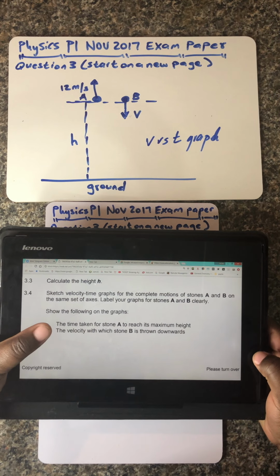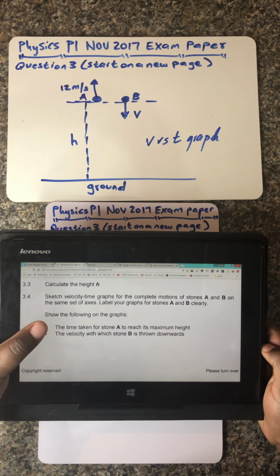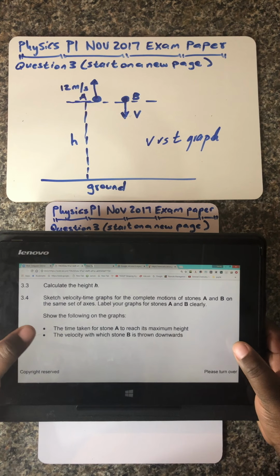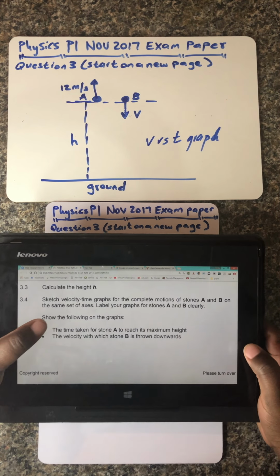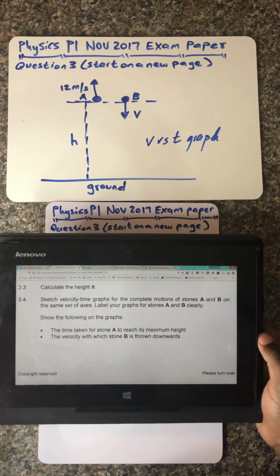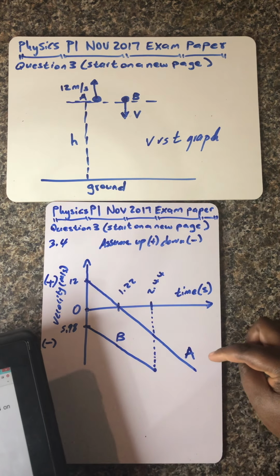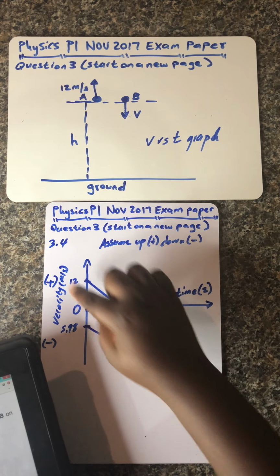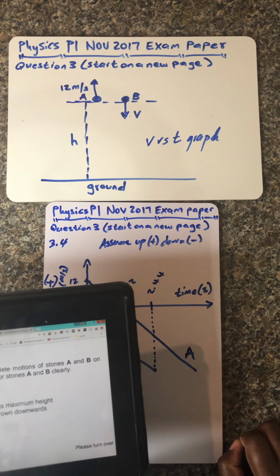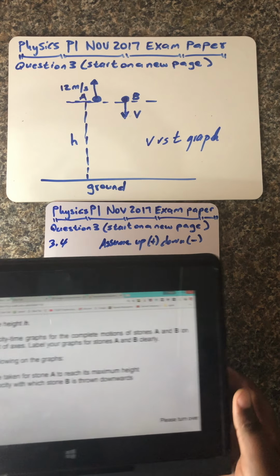We do have a velocity versus time graph drawn for the complete motion of stone A and B on the same set of axes. Label your graphs for stone A and B clearly. We did that. This is A, this is B. This shows the complete motion of both stones.